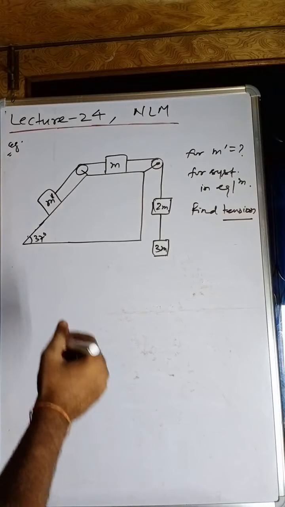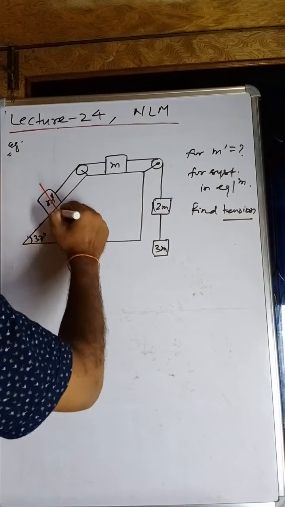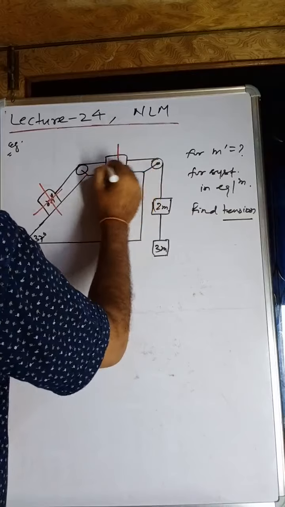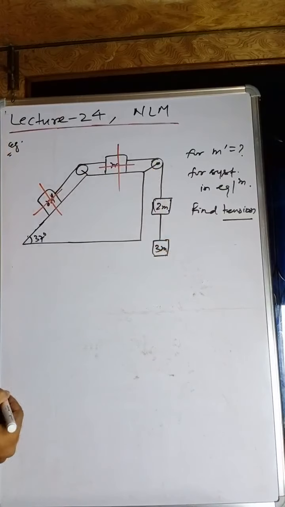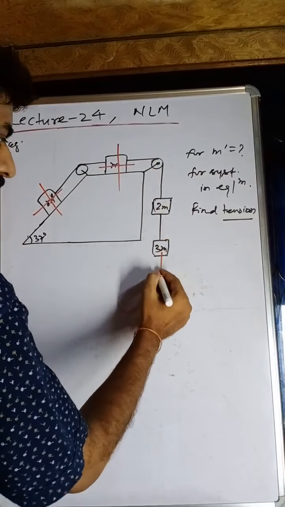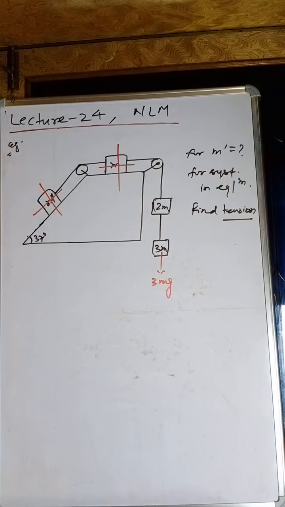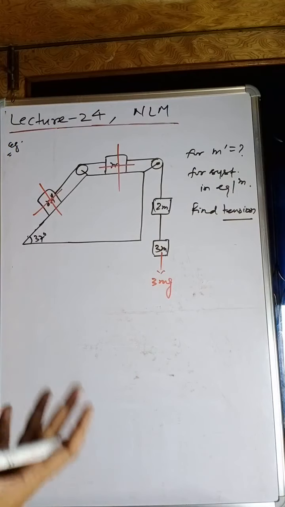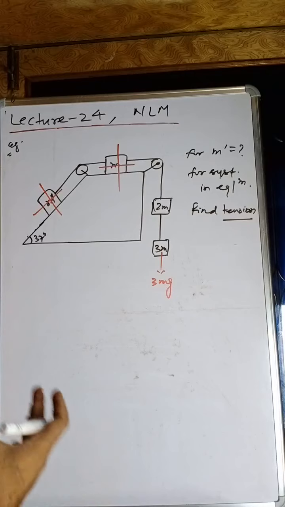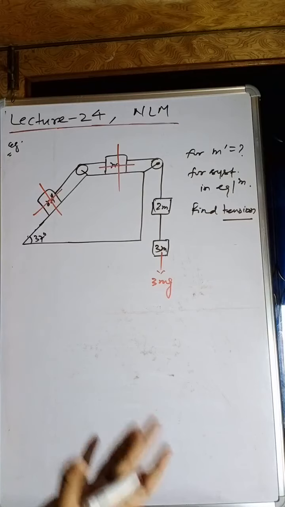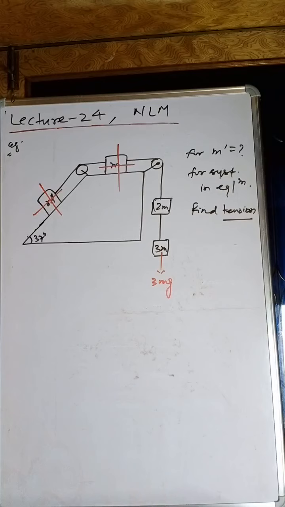Look here, my dear students. First we will draw the forces. Here the 3 mg. As I told you, start by making the free body diagram and represent the weight. Remember students, I always remember to represent the weight so that I don't miss even a single force. If you miss any single force, you will not get the correct answer.